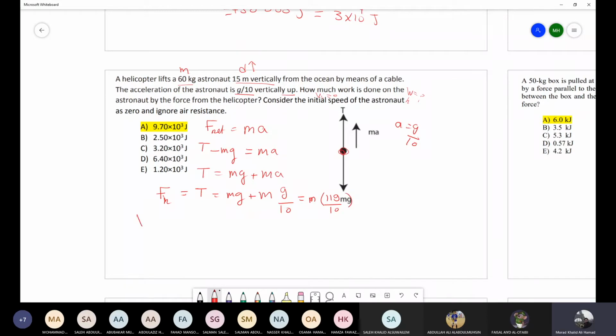Now the work due to the helicopter is equal to F helicopter dot distance.